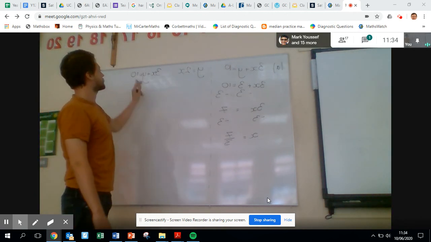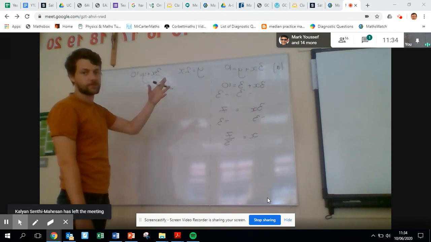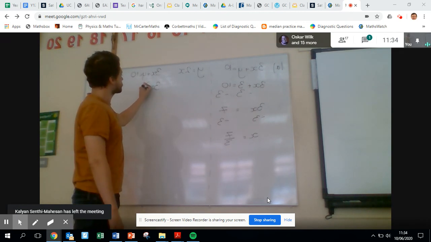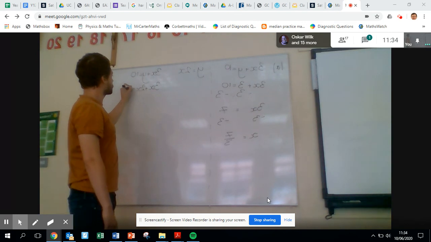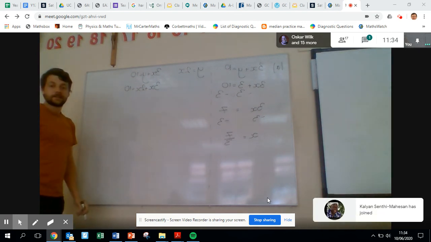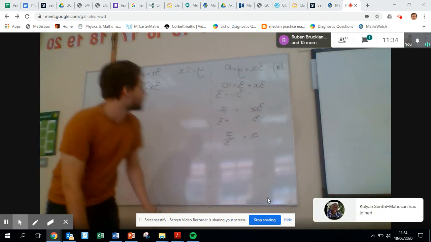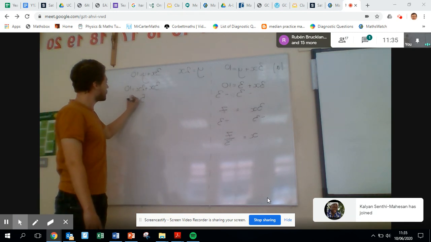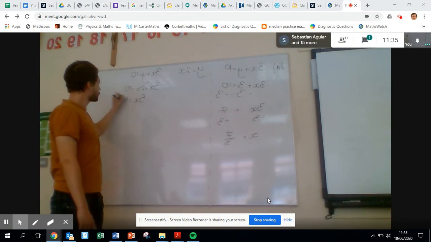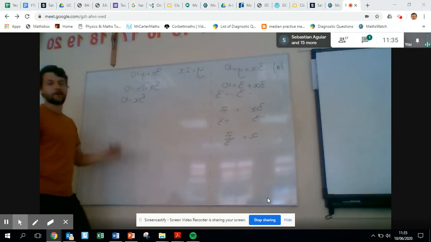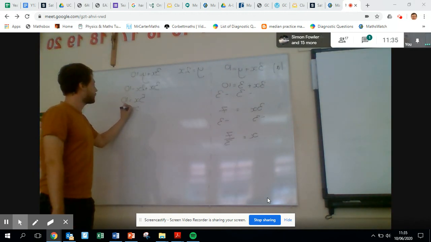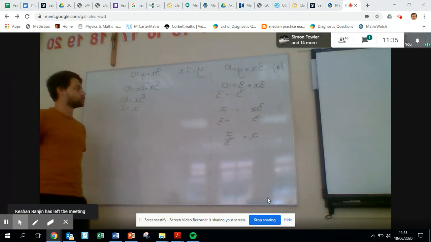Wherever I see a y, take the y out, put the 2x in. So 3x plus 2x equals 10. Simplify by collecting like terms: 3x plus 2x is 5x, equals 10. Then divide both sides by 5. x is equal to 2.